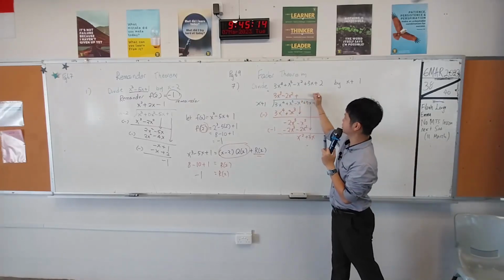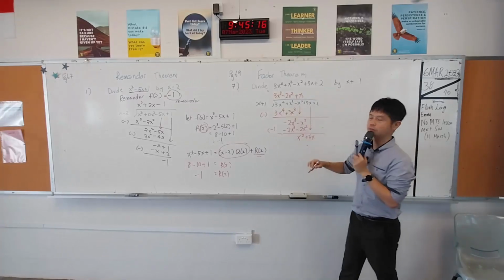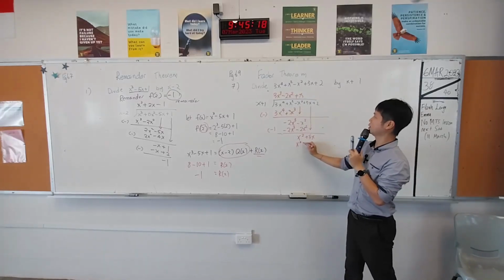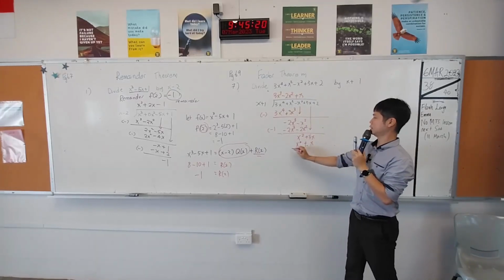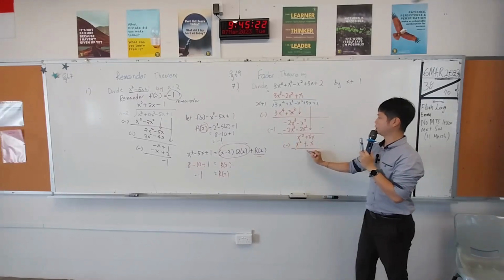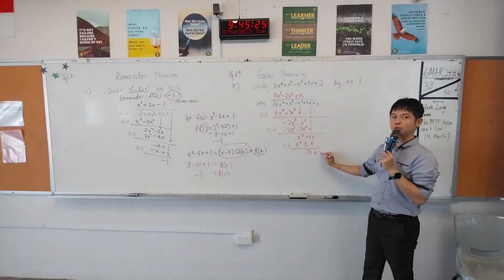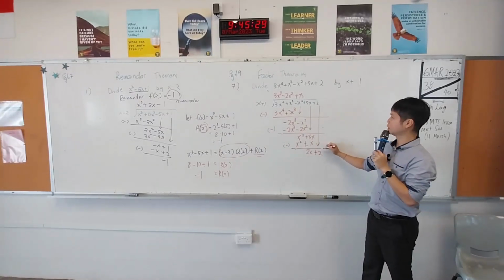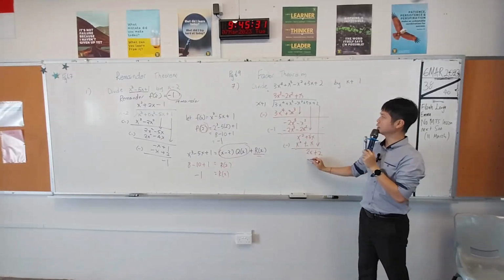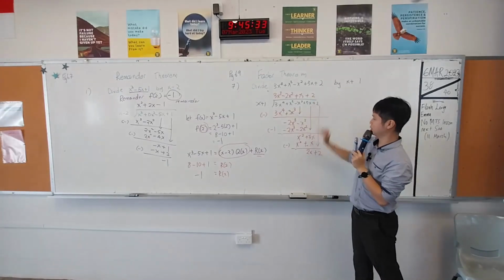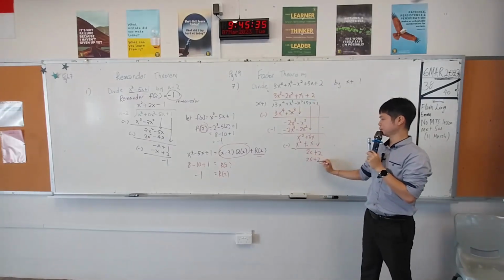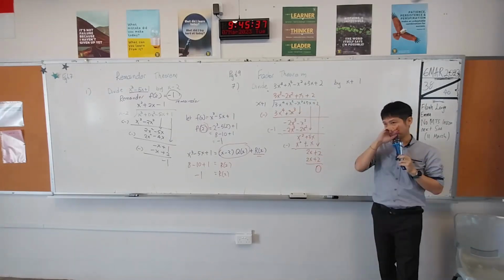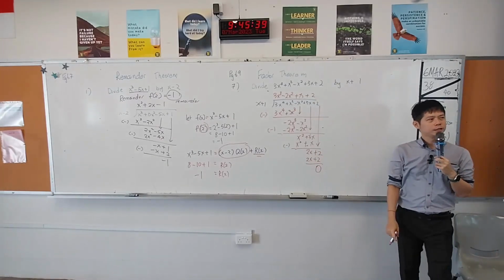So I will plus x, then I'll get x squared plus x, minus again, I'll get 2x plus 2, bring down. And I will plus a 2 here. What's the remainder? The remainder is 0.